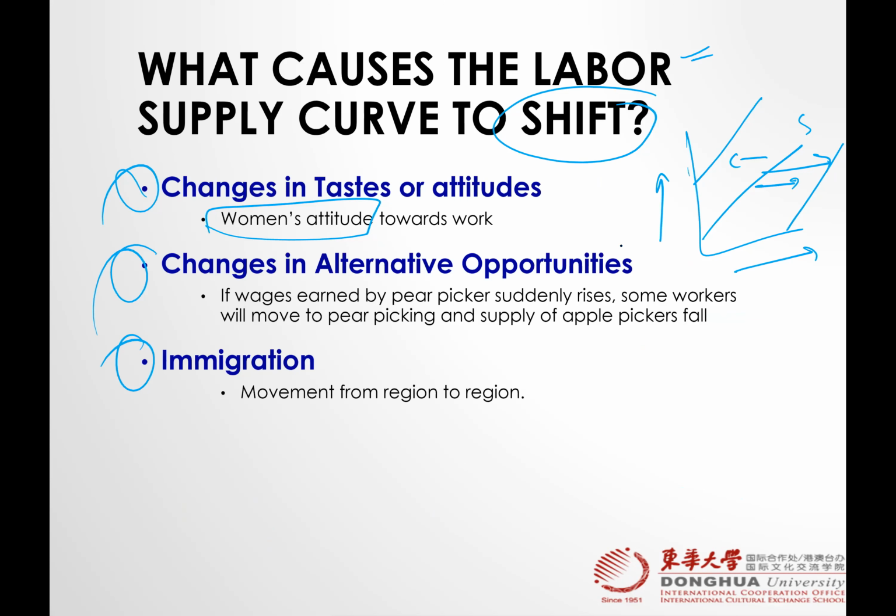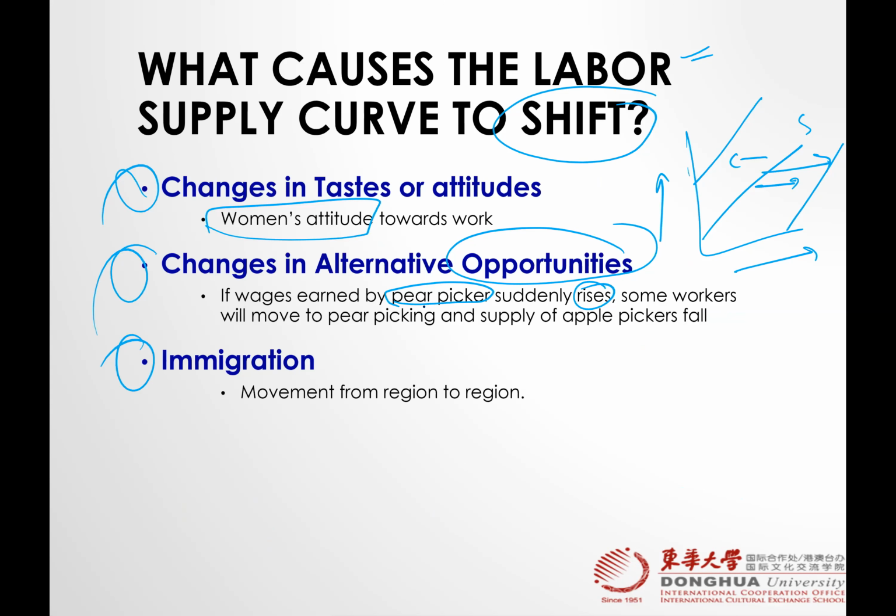Changes in alternative opportunities. What does it mean? It means if you find an alternative opportunity and the work over there is the same as the work you are doing here, you can switch to the next job if they pay you a higher salary. For example, if the wages earned by pear pickers suddenly rise, there is only a small difference between apple picker and pear picker.